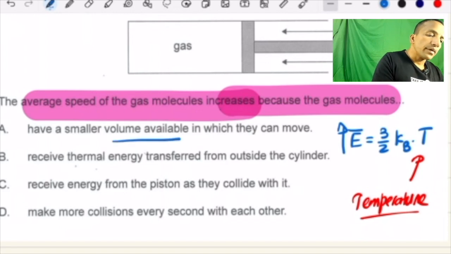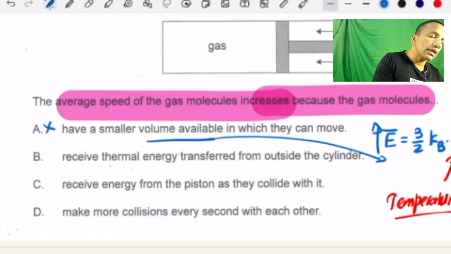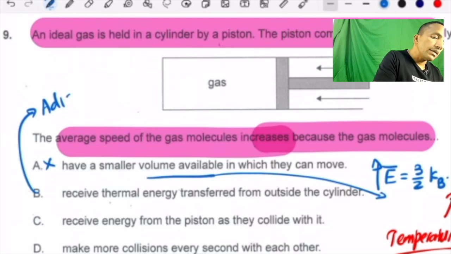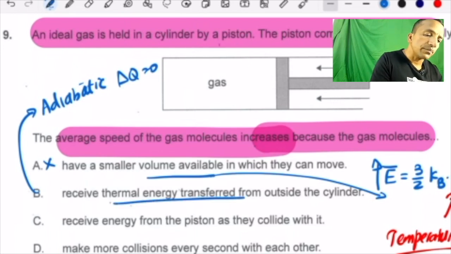Now, having a small volume, is it connected to this equation? No, it's only about temperature. So I remove answer A. And as this is an adiabatic process, adiabatic means delta Q is 0. It means heat cannot enter, heat cannot leave the system. So there's no point of talking about energy transferring.